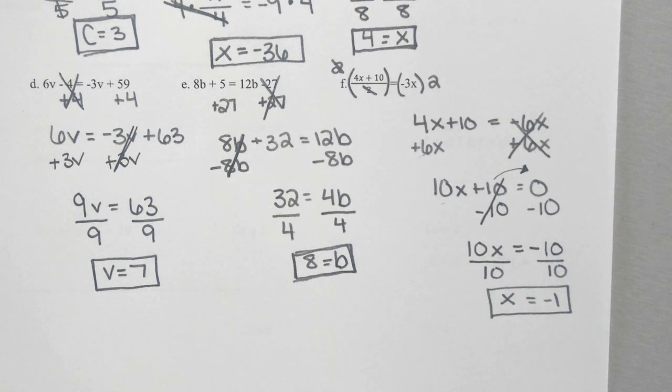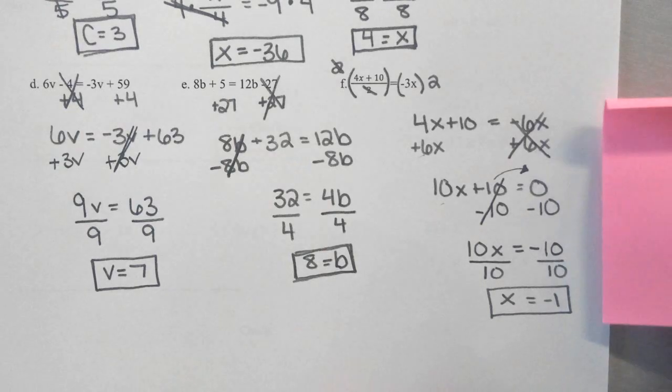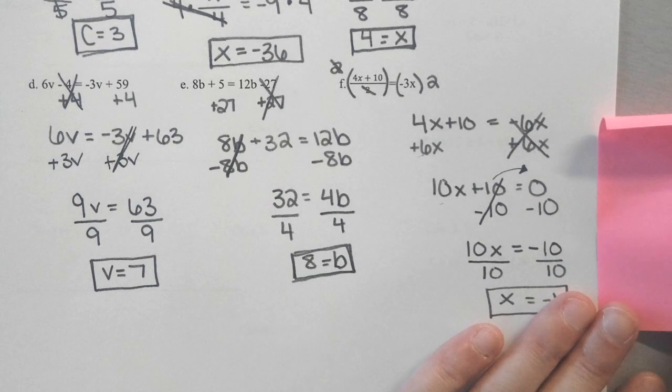Yesterday in our practices, people were saying 10x plus 10, dividing each side by 10, and saying that x was a positive one. So they were doing the almost proper procedure.